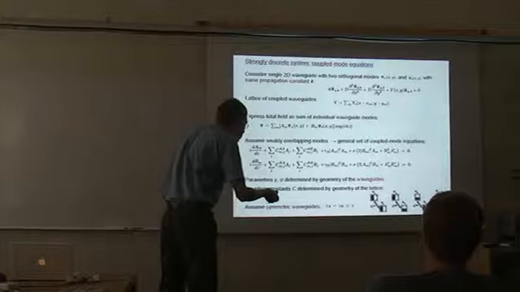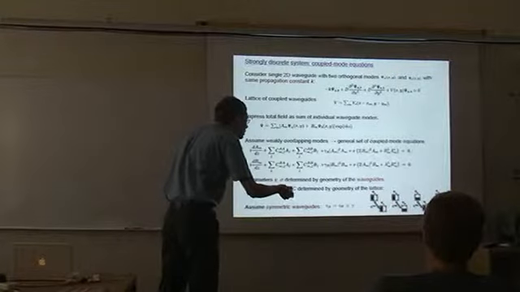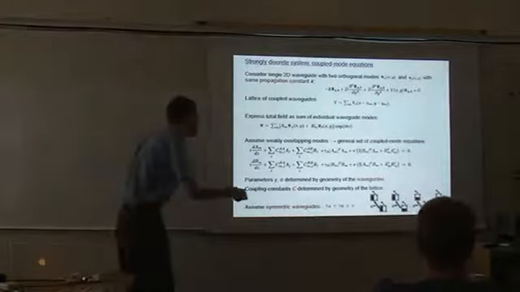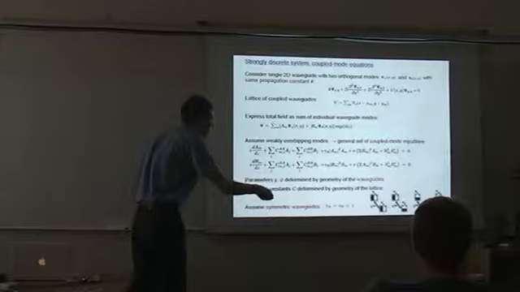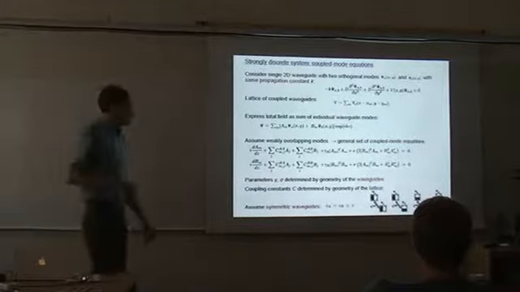Remember, A modes will always be horizontal, and B modes will always be vertical. So CAA will be coupling between horizontal modes, CBB would be coupling between vertical modes, and CAB would be cross coupling. So these two will always be equal, as you can see, because they are essentially just overlapping between these modes.